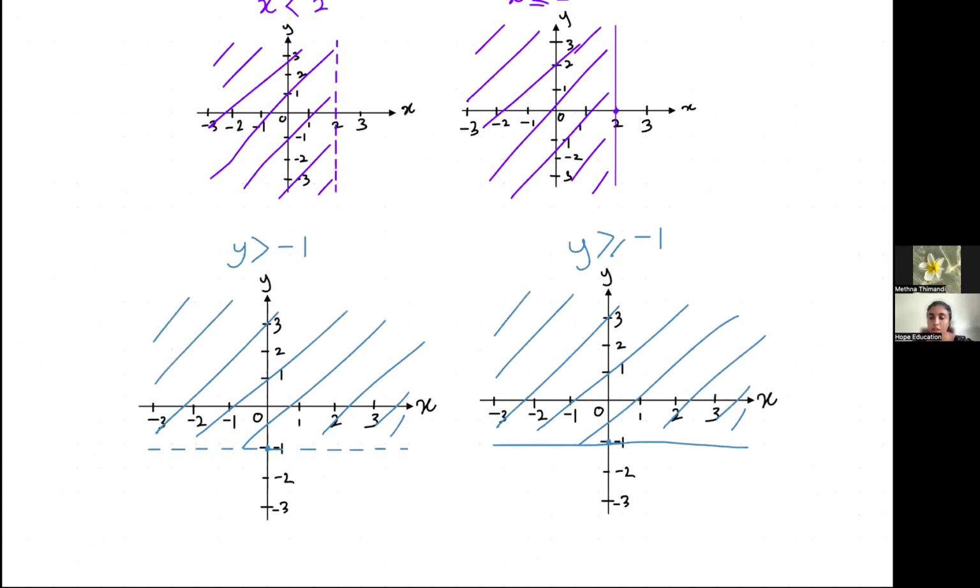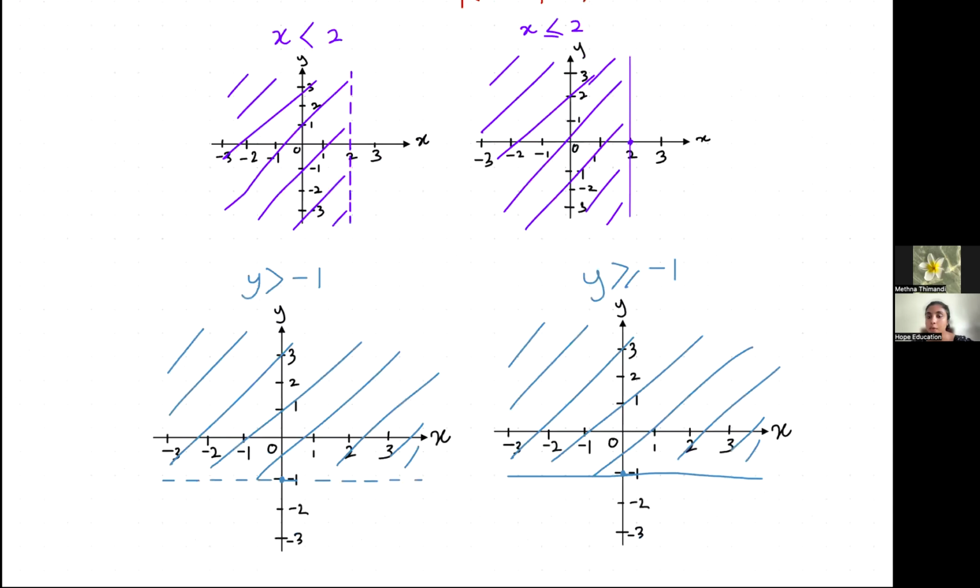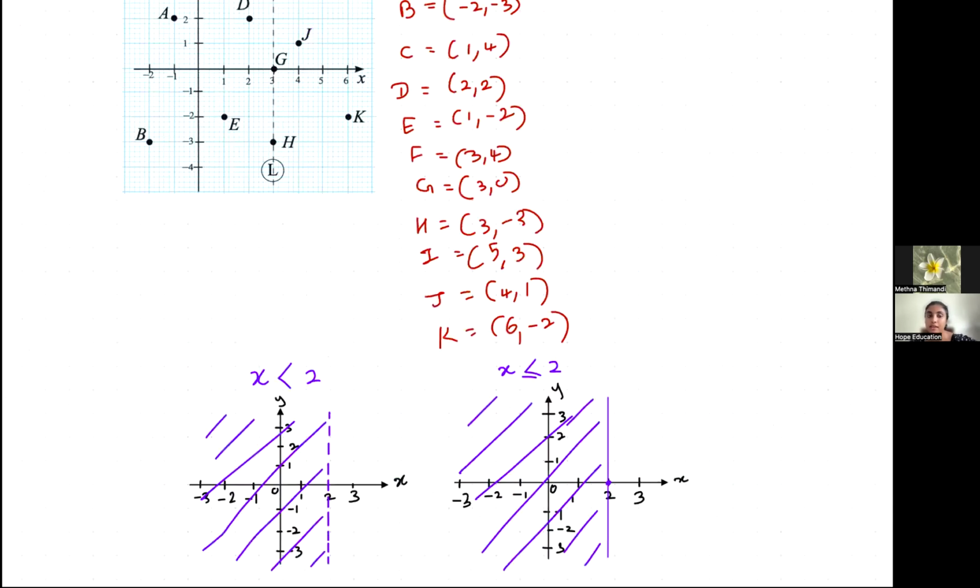Yes, teacher. Okay. Can you first draw this? Tell me why I wrote the coordinates to draw these four. First draw these four.